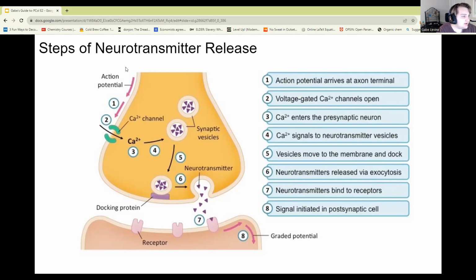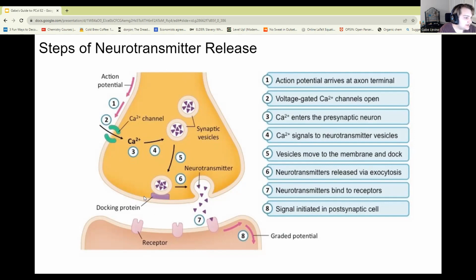So the first step is that the action potential comes down. So something up above stimulated this nerve, which then causes the calcium channels to open. This influx of calcium is going to cause the vesicles holding the neurotransmitters to start to migrate towards the cell membrane.